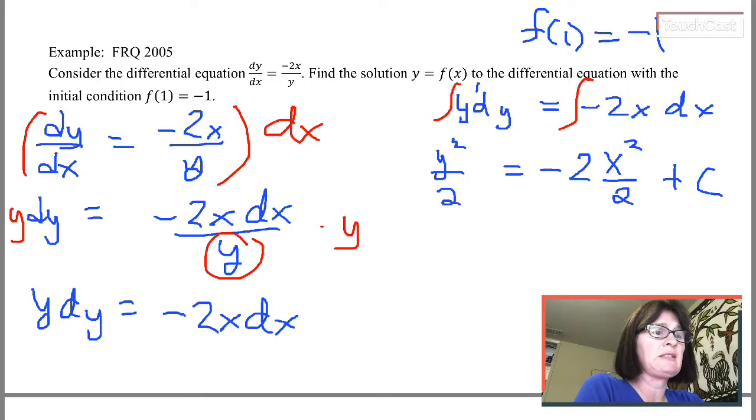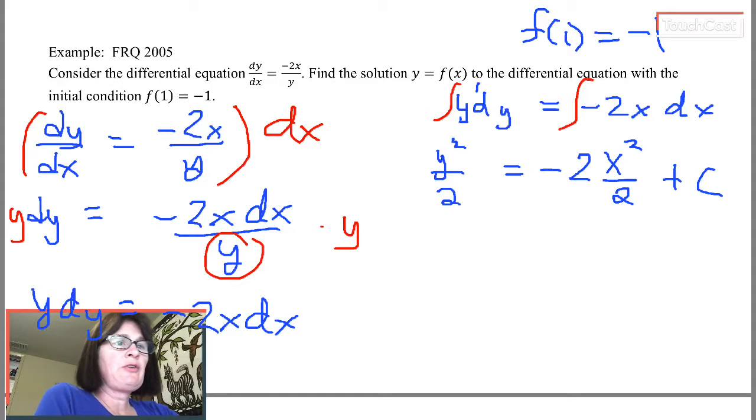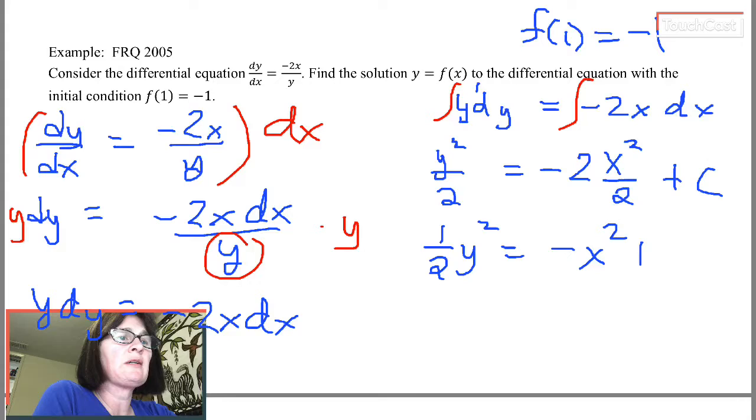You don't have to show all these steps. I'm going to show all the steps, especially at the beginning, because it can be tricky to keep track of where you are. So I'm going to simplify this: 1/2 y squared equals negative x squared plus a constant.